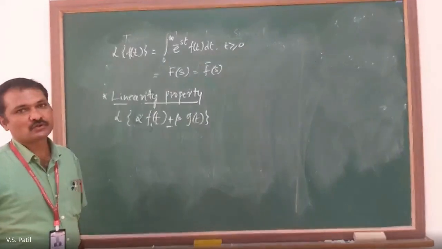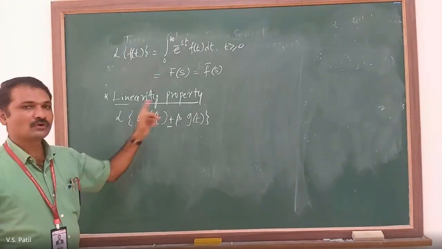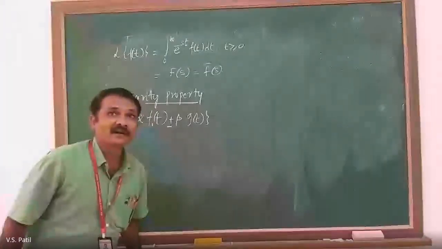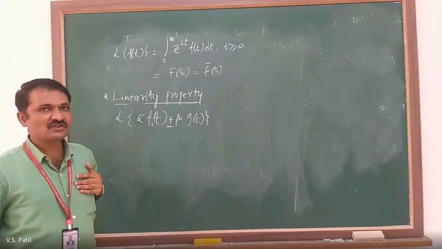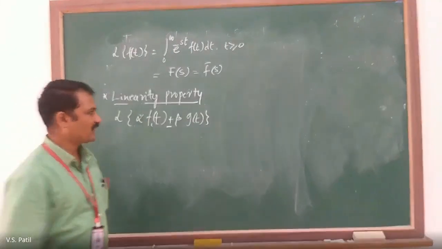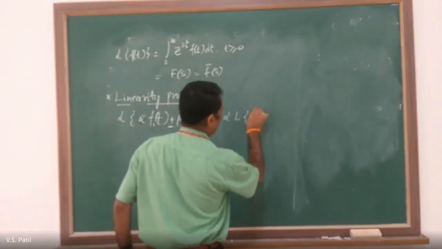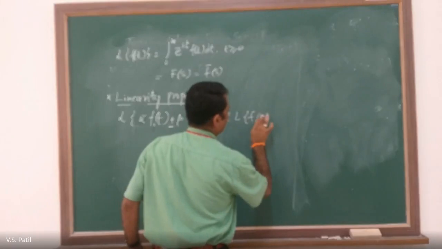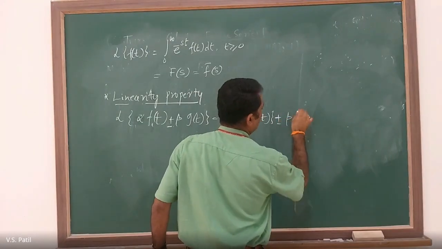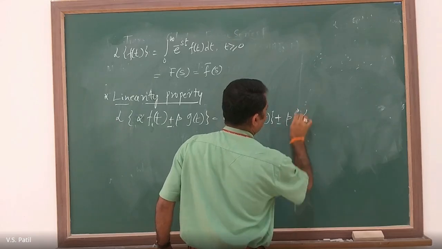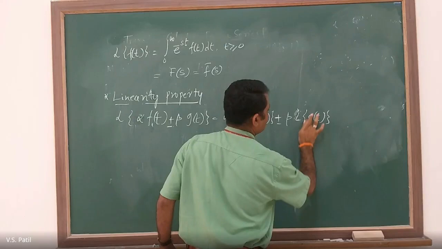Now linear operator means what? You can operate this Laplace operator on these two functions term by term separately. That is, you can write it as alpha into Laplace transform of f of t plus or minus beta into Laplace transform of g of t.